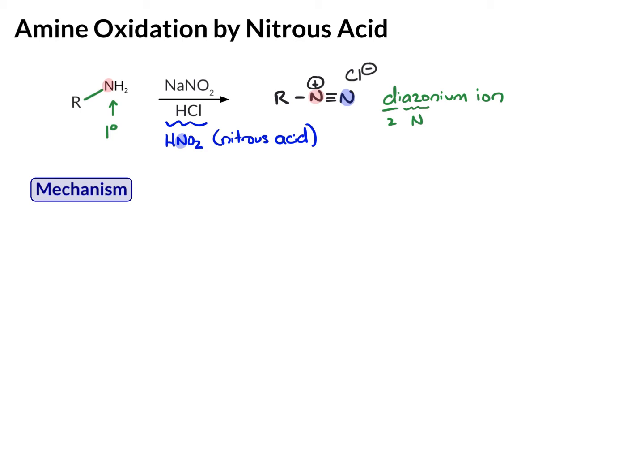So what we're going to start with is the nitrous acid. And it looks something like this, HNO2. And we still have HCl floating around in the solution. So that's going to react with more acid.